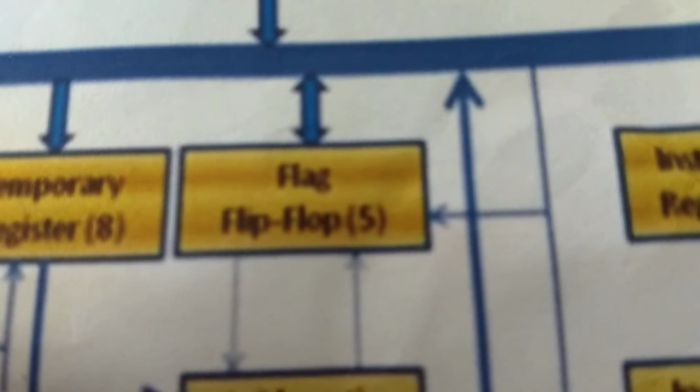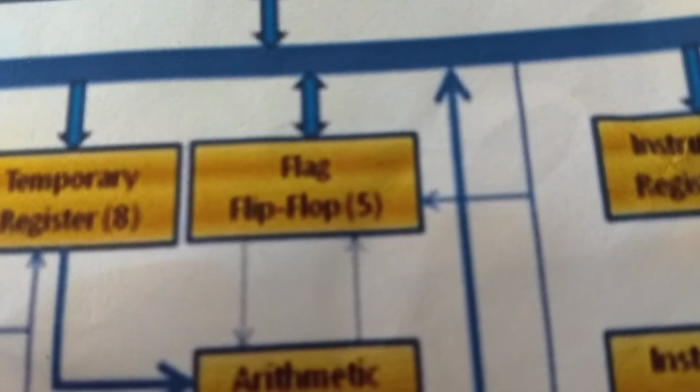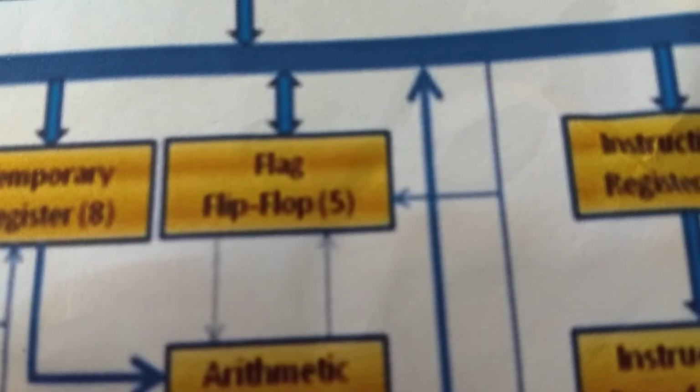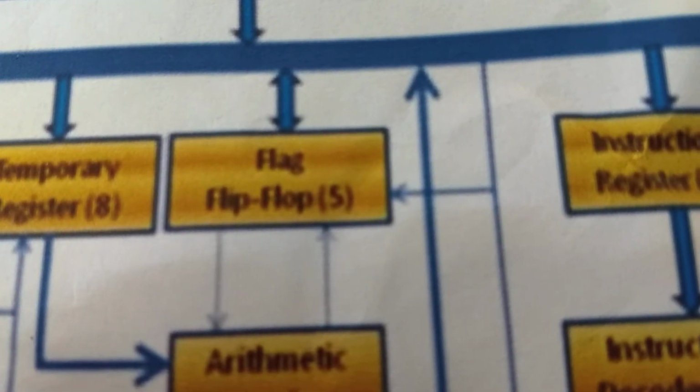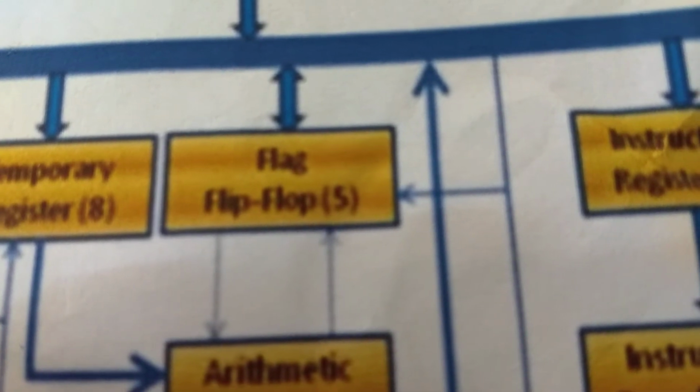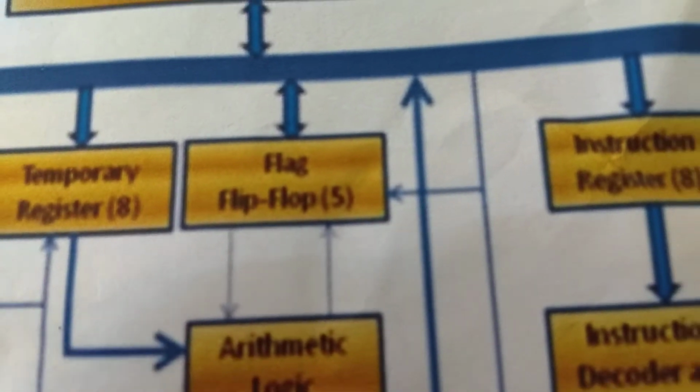Status is nothing but whether the carry is generated or not, whether the answer is positive or negative, and whether the auxiliary carry is generated or not. This kind of status is indicated in the flag flip-flops written here, which work on 5 bits. Only 5 flag indications are there, that's why 5 is written.